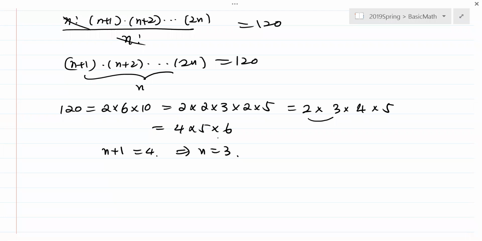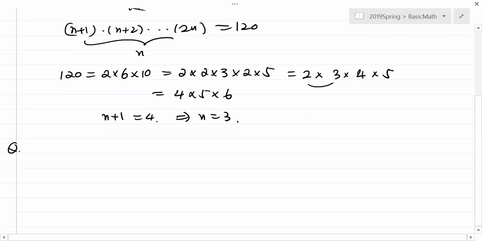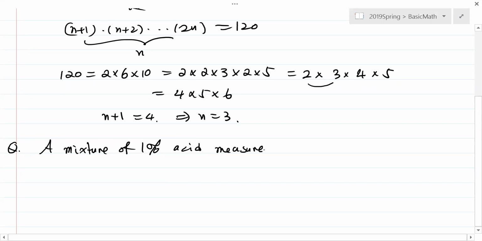All right. So now we are really talking about story problems, linear algebraic problems. There are 3 types of problems there. The first type is a mixture problem. A 1% mixture measures 24 milliliters.